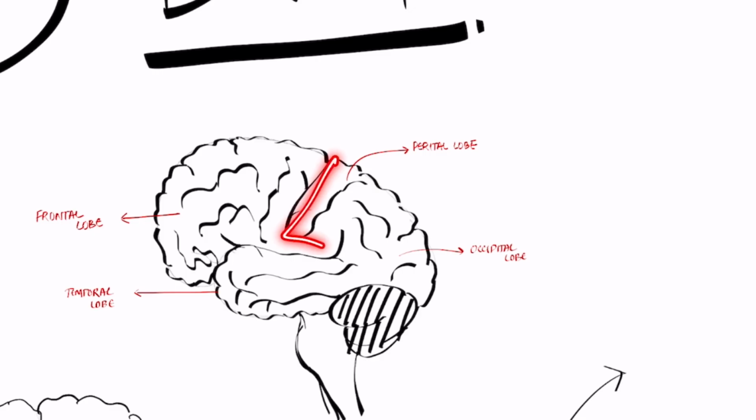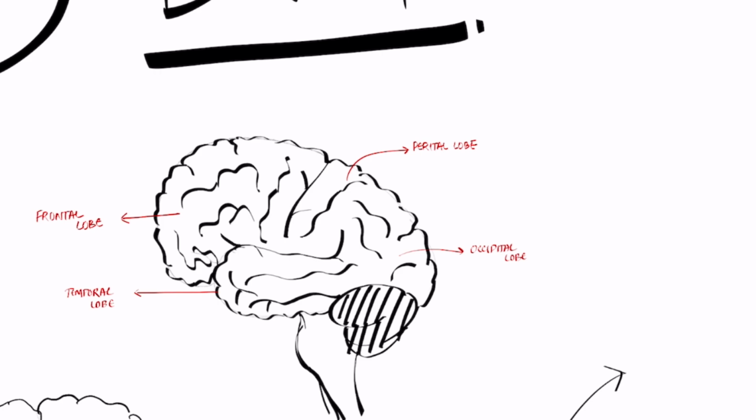Then there's the parietal lobe. Now, if the frontal lobe was for motor activity, the parietal lobe is for sensory activity. The postcentral gyrus is the last station for the relay of all the sensations of the body. There are also centers in the parietal lobe that take care of calculation, reading and writing, and spatial orientation.